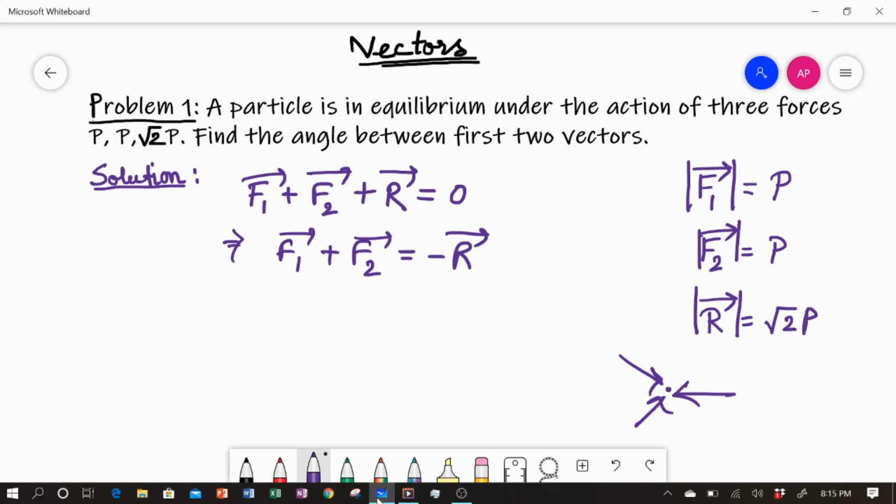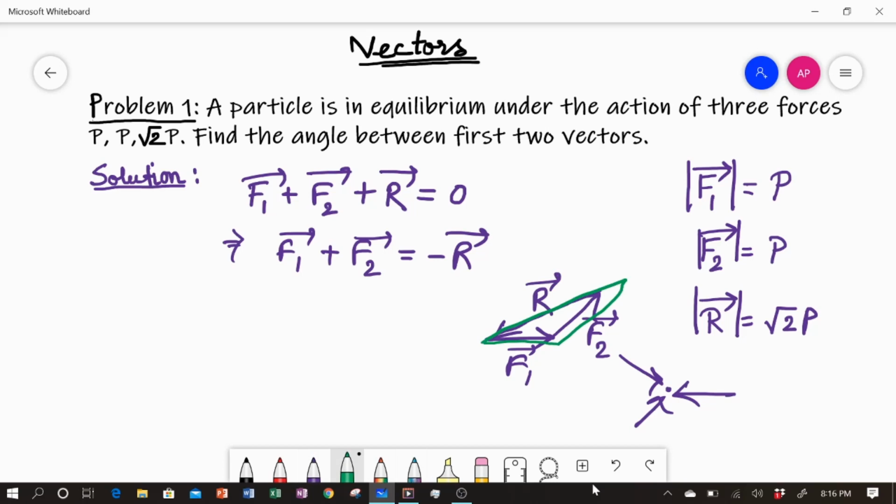Now if we draw these two vectors at whichever angle, suppose this is F1 vector and this is F2 vector. Now the third vector, that is R vector, makes these three vectors a closed triangle, right?